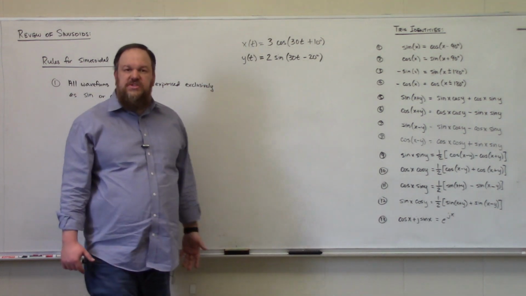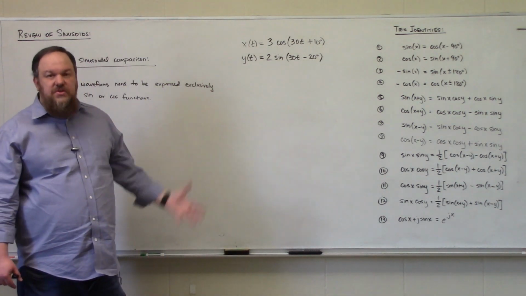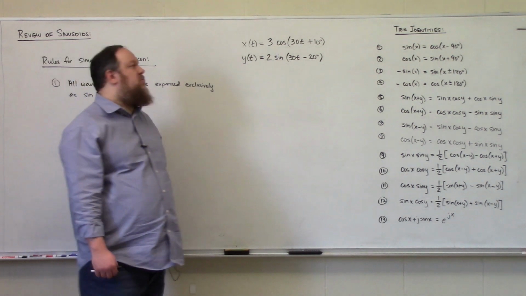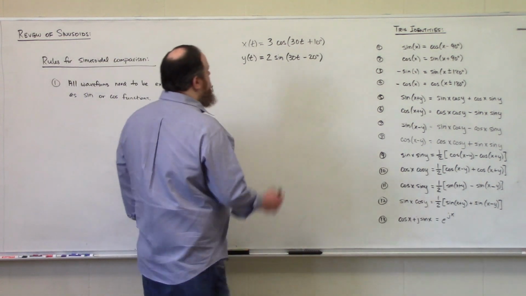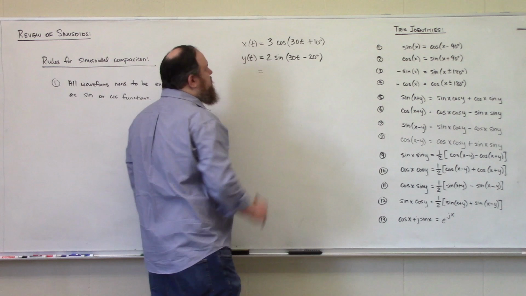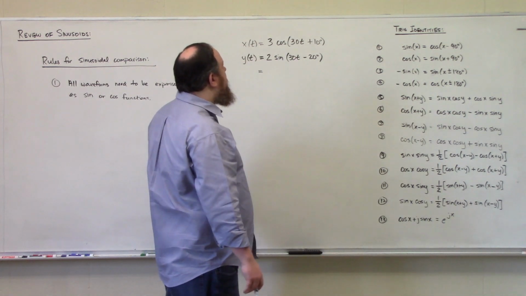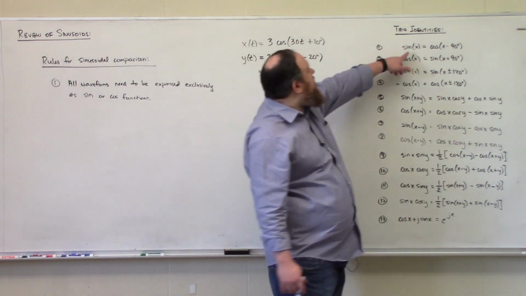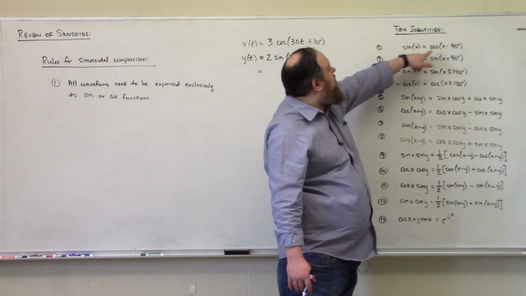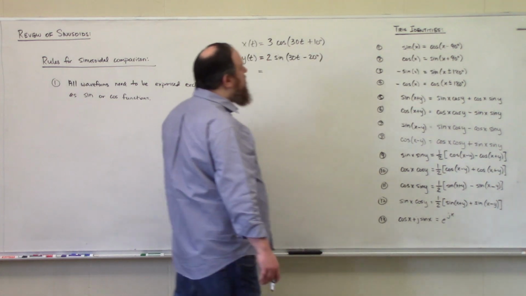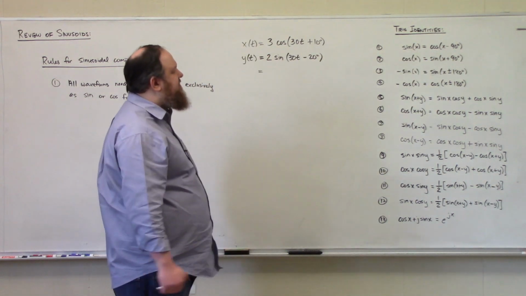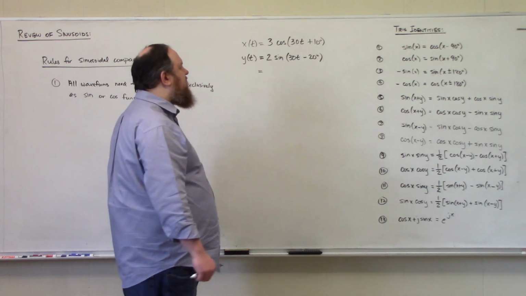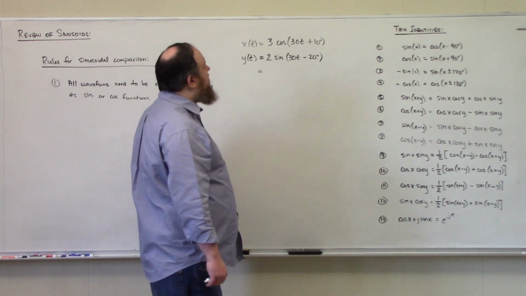Typically in electrical engineering, we deal almost exclusively with expressing all of our waveforms as cosine functions. So I can use trig identity number 1 to change my sine function to a cosine function. Trig identity number 1 says sine of x is equal to cosine of x minus 90 degrees.